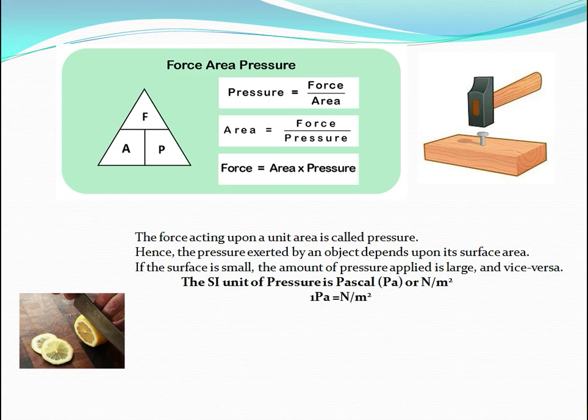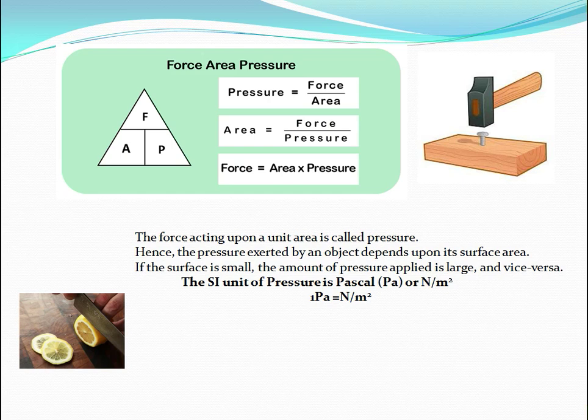Since the standard unit of force is Newton and that of area is meter square, therefore we can say that 1 Pascal is equal to 1 Newton per meter square. Thus 1 Pascal is the pressure exerted by a force of 1 Newton on an area of 1 square meter. Now let us discuss a few examples.